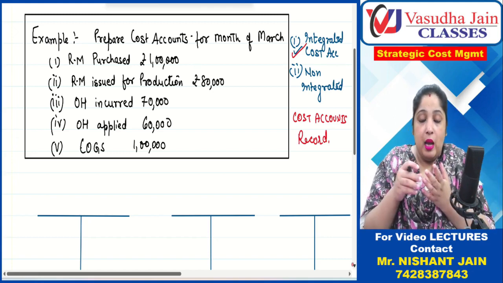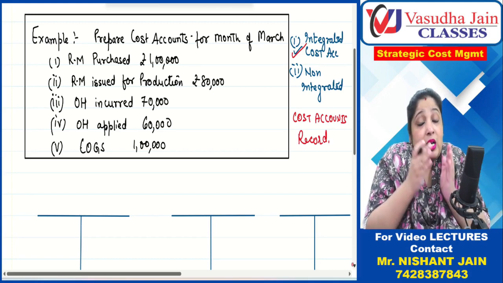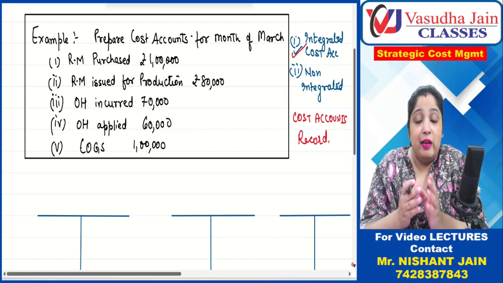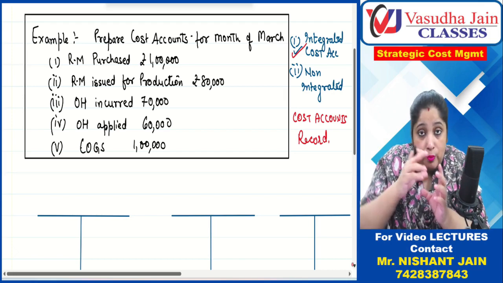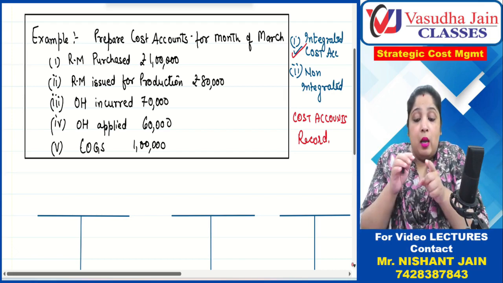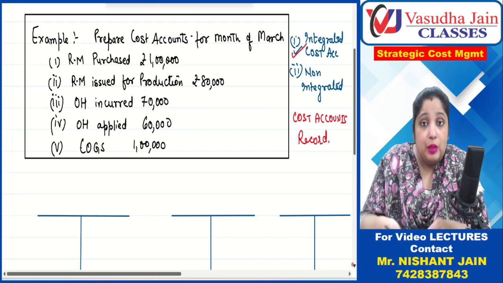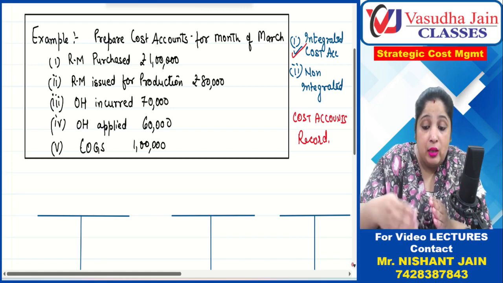So basically we are recording when raw material is purchased, and when you send the raw material from the storehouse to the production department. The movement of raw material within the organization, within the factory, is recorded. When some expense is incurred in manufacturing the work in progress, that should be recorded.